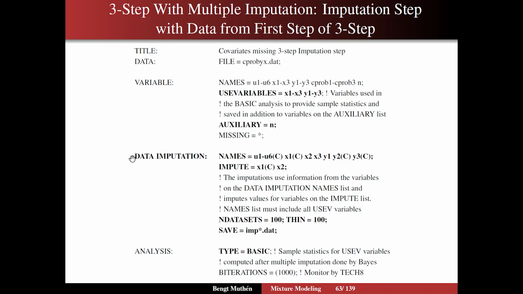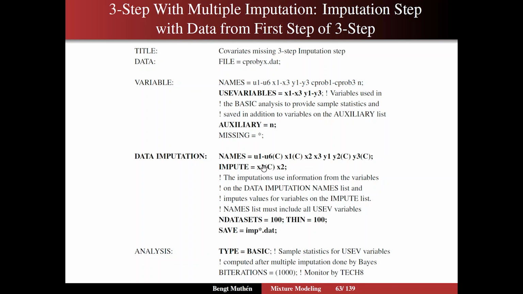So now we do the data imputation step here, and we have a names statement and an impute statement, and this is new to version 9 of Mplus. The imputations use information from the variables on the data imputation names list. So these are the variables that contribute information to imputing, and the impute option concerns imputing values for variables on that list.